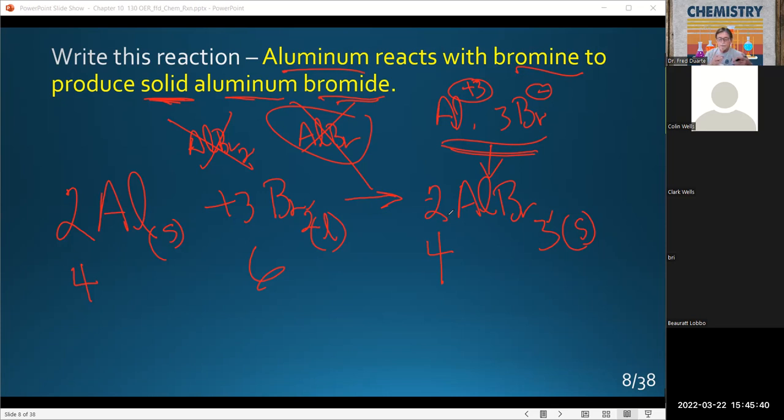When you're done balancing, the last thing you should do is check to make sure the coefficients have been reduced to, quote, the lowest terms, just like in mathematics, okay? So if you end up with 4, 6, and 4 as the coefficients, note that they are divisible by 2, and you can reduce everybody down to 2, 3, and 2. Okay, so bring it down to the lowest terms. All right.